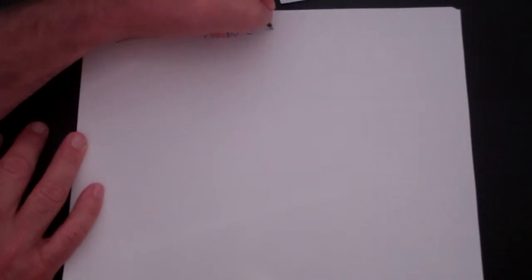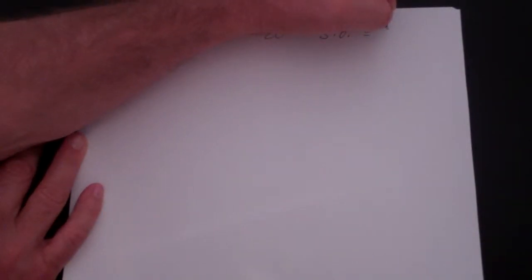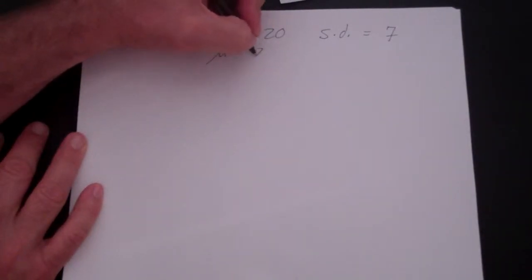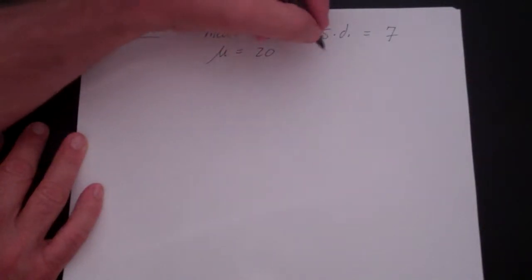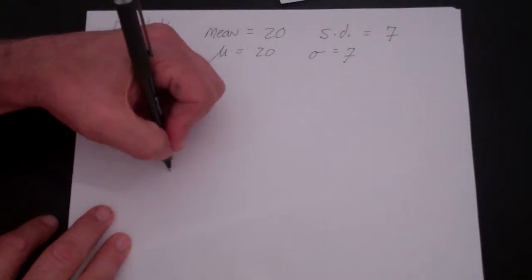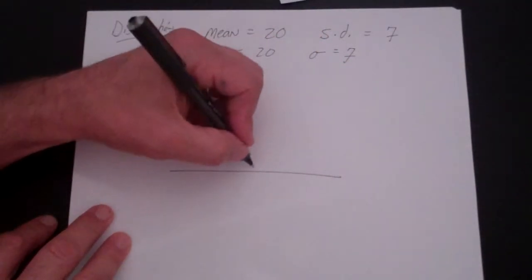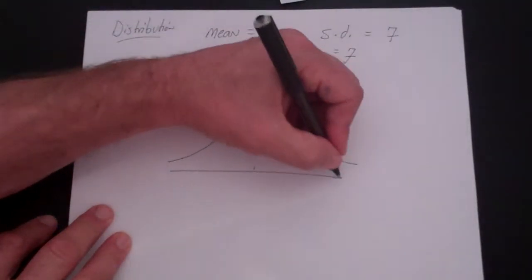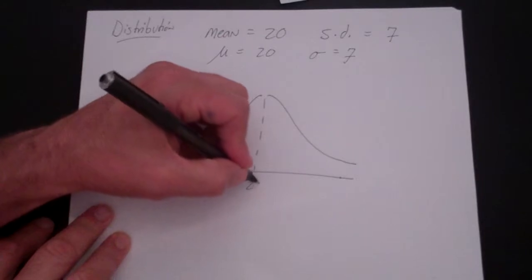Let's say you had a given distribution where the mean was equal to 20 and the standard deviation was equal to 7. So usually the symbols that we'd use are mu equals 20, sigma equals 7. If we drew that, now what we find is that this is 20.